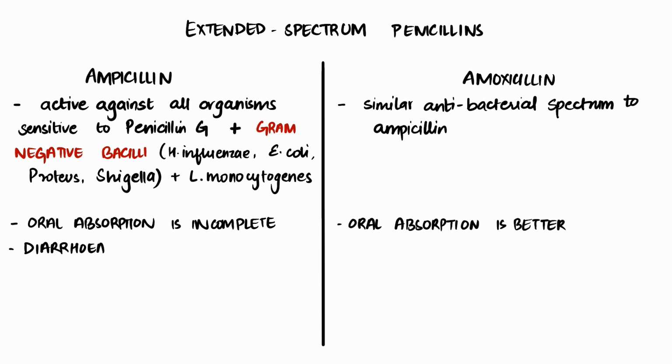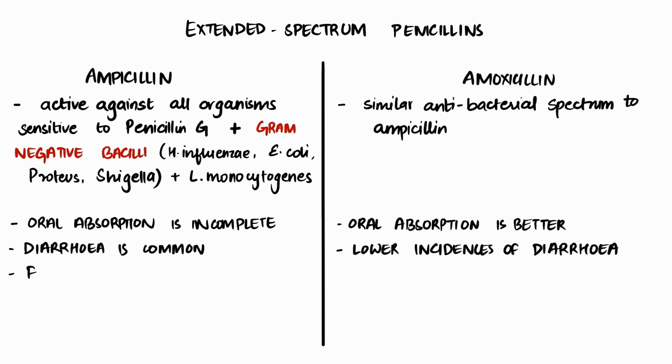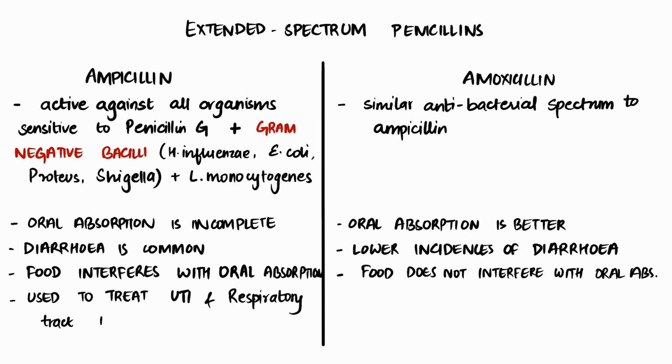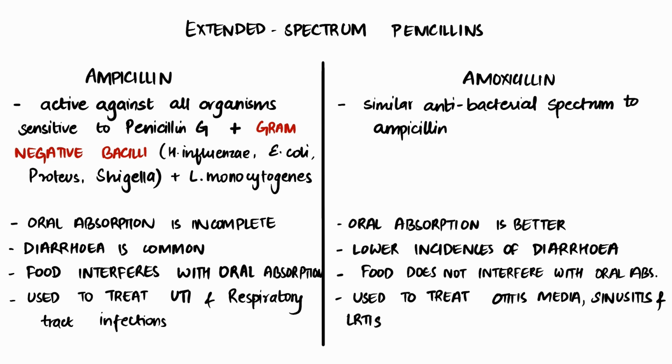Diarrhea is a common adverse effect with ampicillin because it is incompletely absorbed and can cause irritation to the intestinal mucosa, whereas there is a lower incidence of diarrhea with amoxicillin. Food interferes with oral absorption of ampicillin, whereas food does not interfere with absorption of amoxicillin. Ampicillin is used to treat urinary tract infections and respiratory tract infections, whereas amoxicillin is mainly used to treat otitis media, sinusitis, and lower respiratory tract infections.